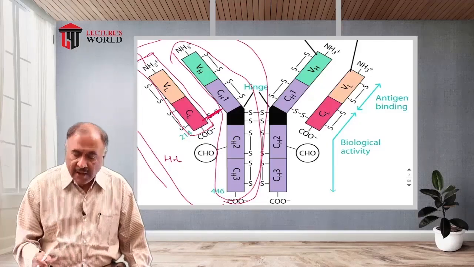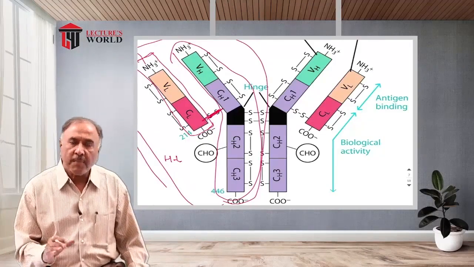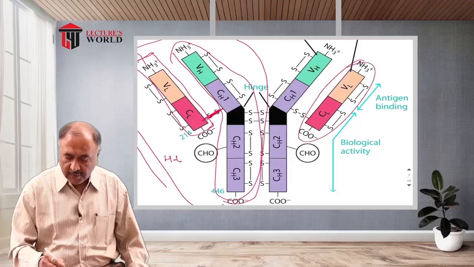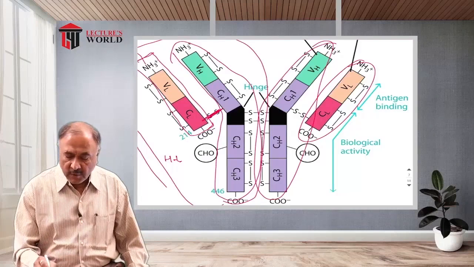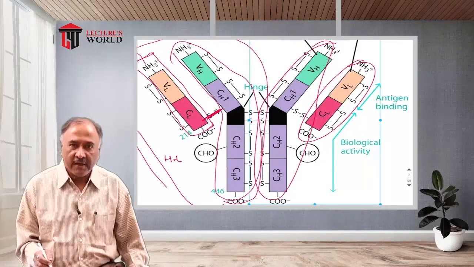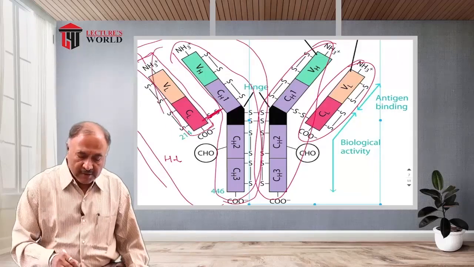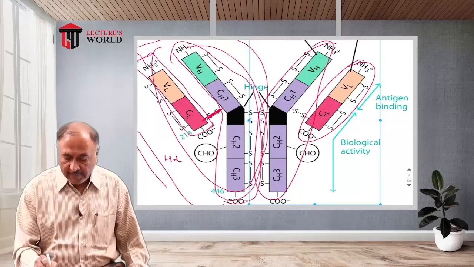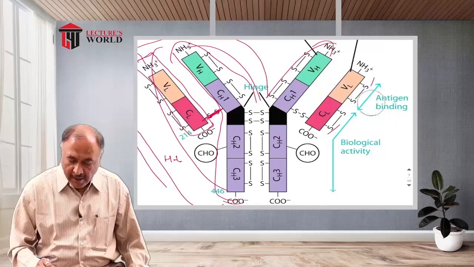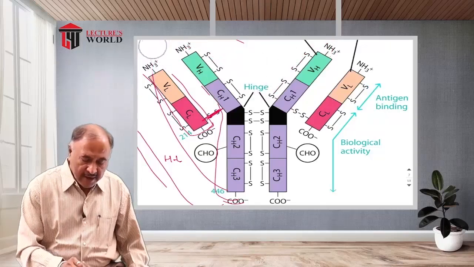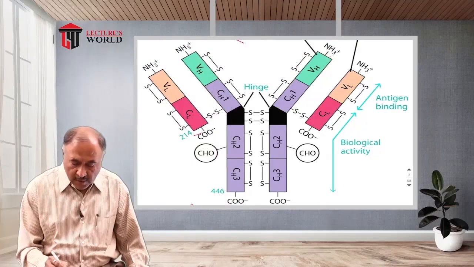And similarly, exactly in juxtaposition opposite to it, you have this light chain and this heavy chain. As you can see in this diagram, this is one HL dimer, this is another HL dimer, and both of them are linked with one another by again certain disulfide linkages, which are as shown here.